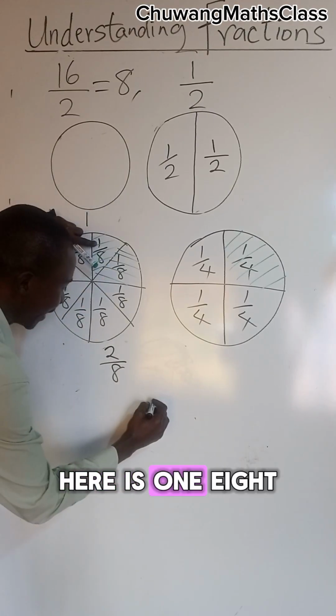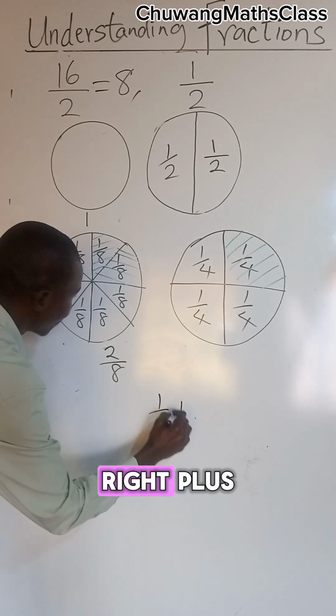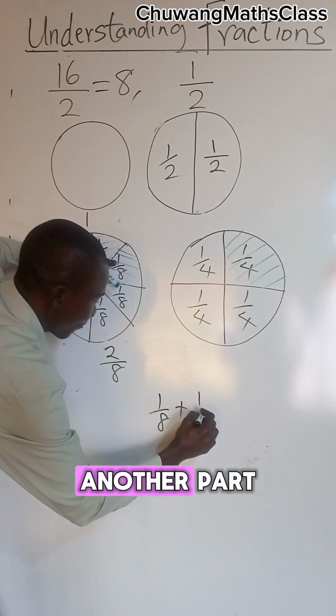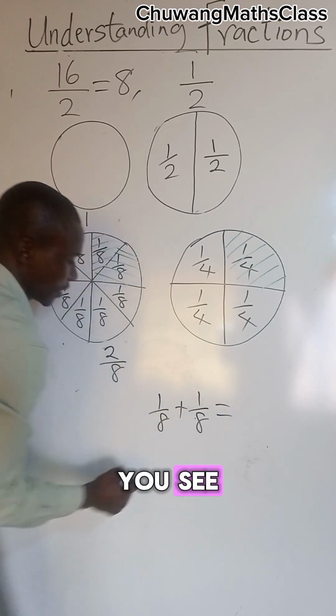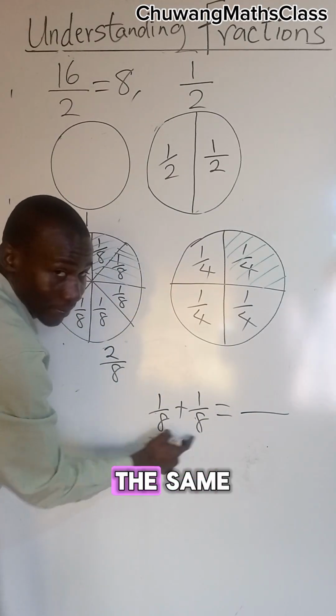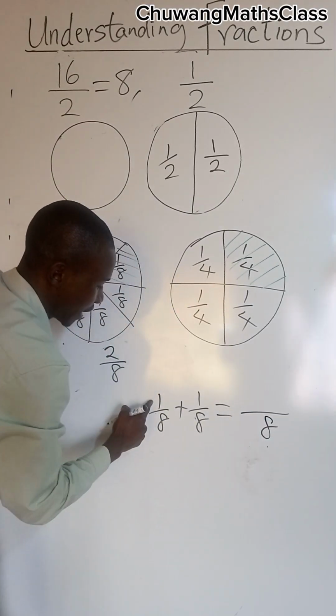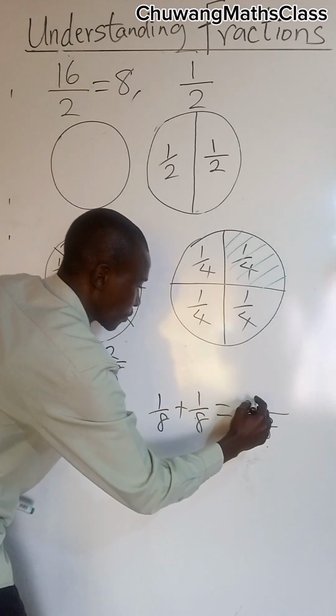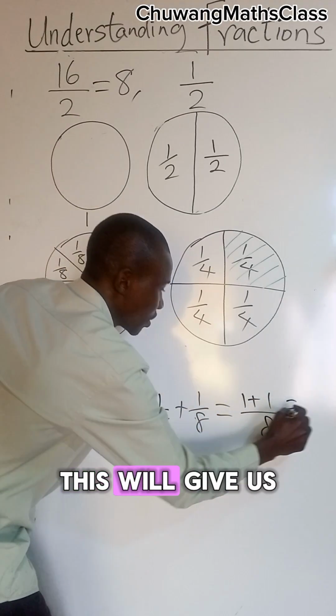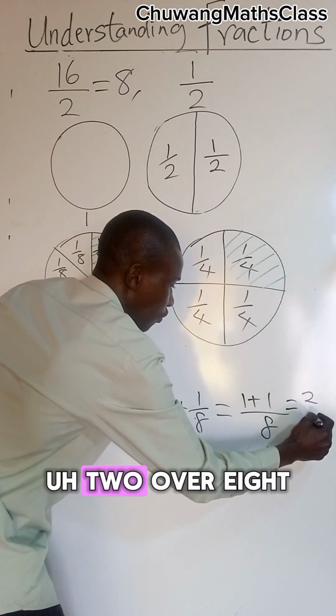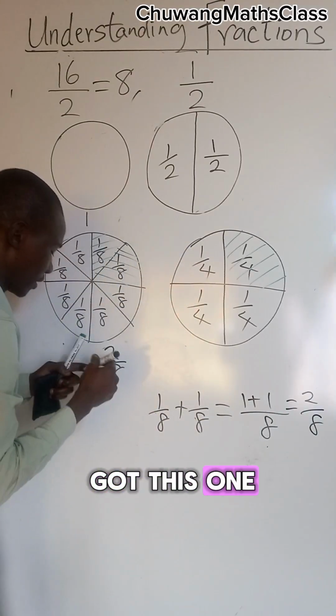Here is 1/8, plus another part 1/8. If the denominator is the same, just write the common denominator and add the numerators. 1 plus 1 will give us 2/8. This is how I got this one.